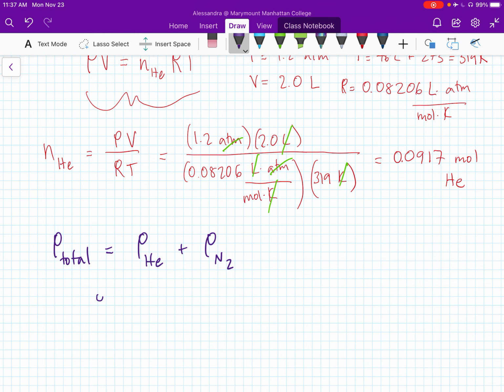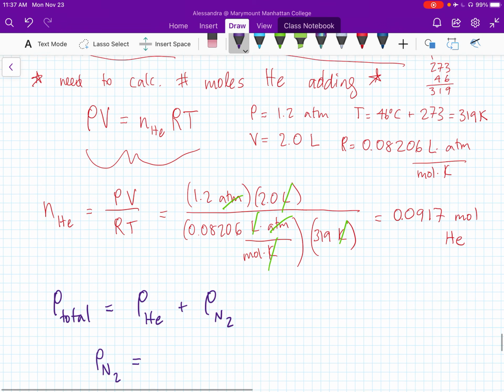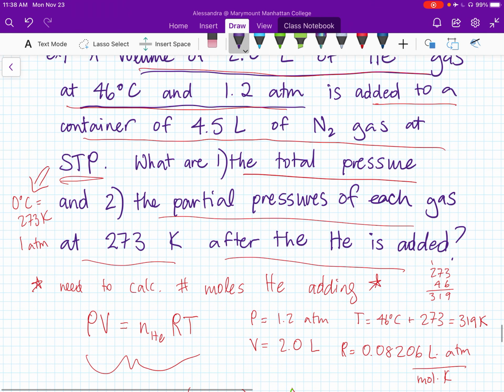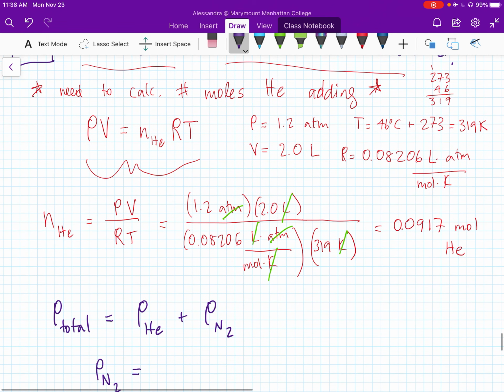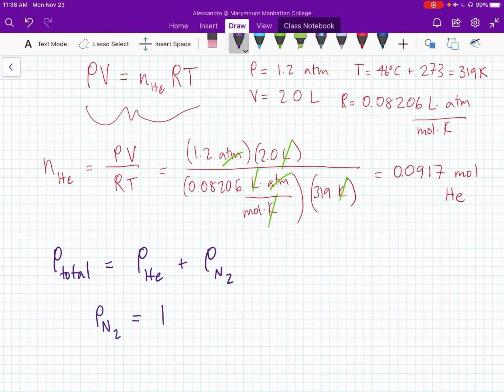So we know the pressure of the nitrogen gas because they told us that the nitrogen gas is at STP, and STP has a defined pressure of 1 atmosphere. So the pressure of nitrogen is going to be 1 atmosphere because it was at STP.